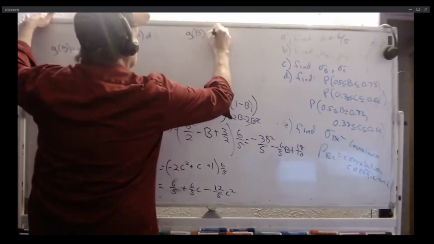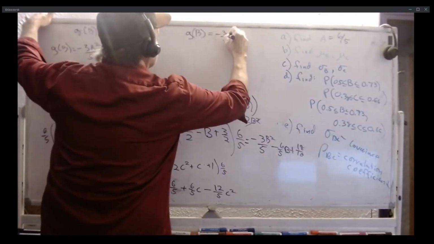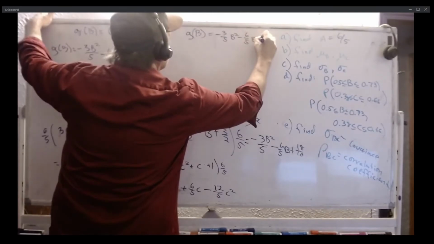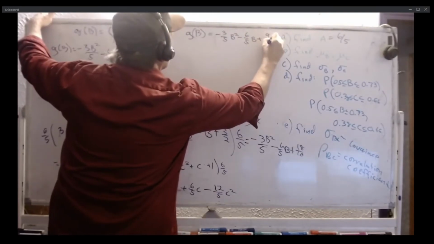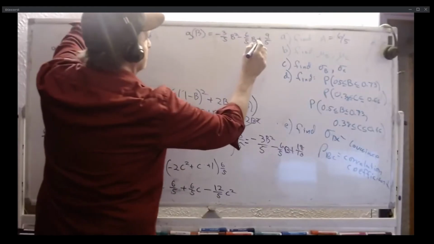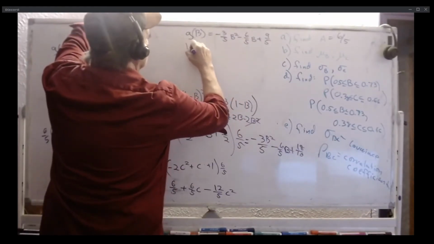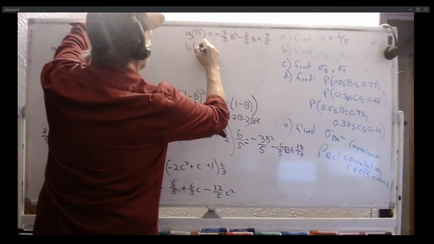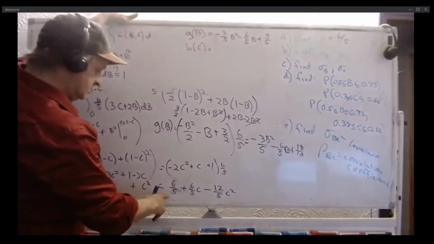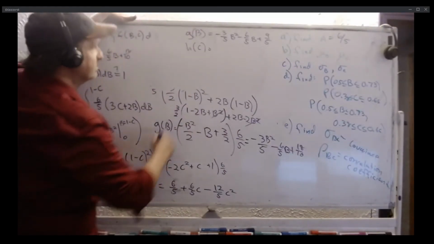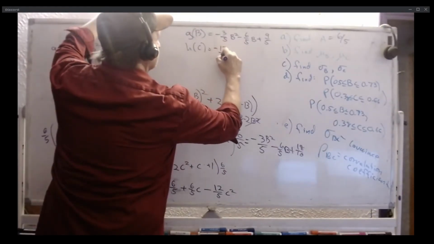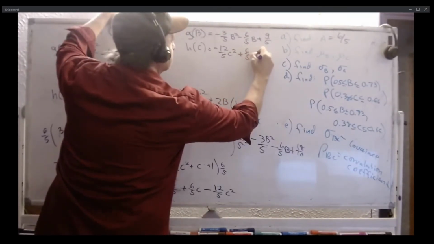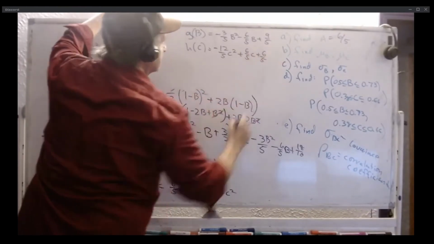It's negative 3/5 B squared minus 6/5 of B plus 9/5. What's H of C? We just found that: negative 12/5 C squared, plus 6/5 of C plus 6/5.